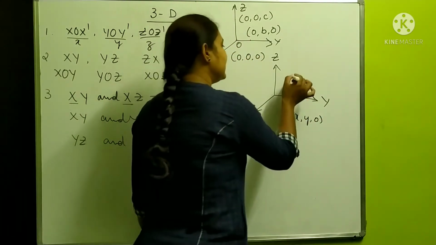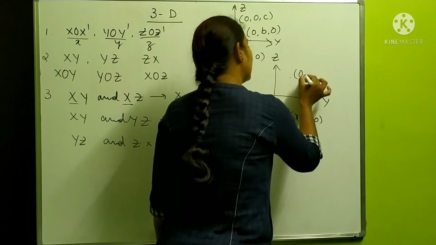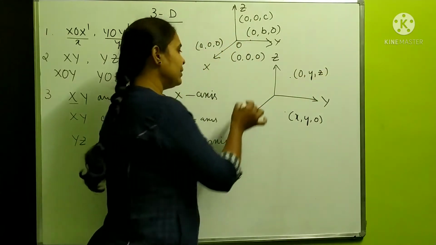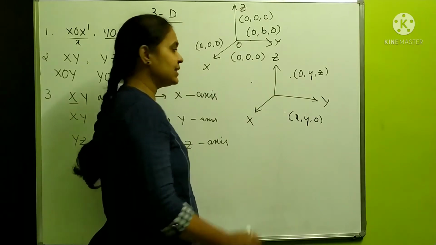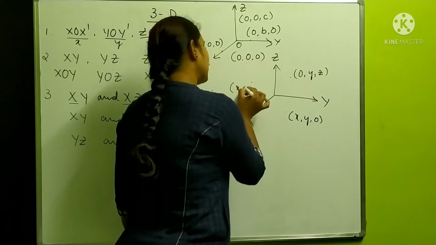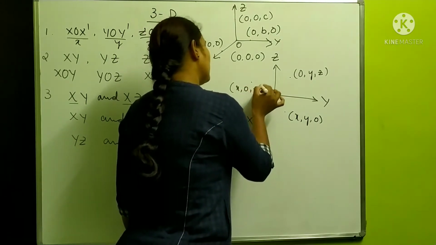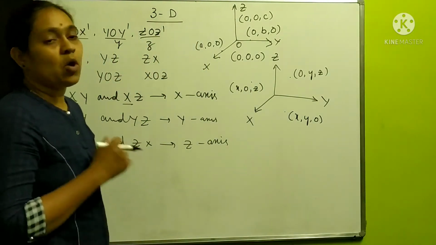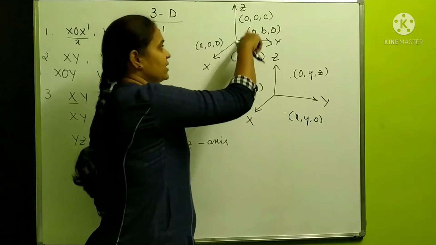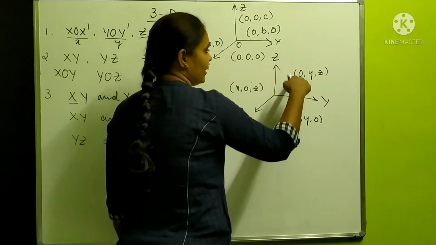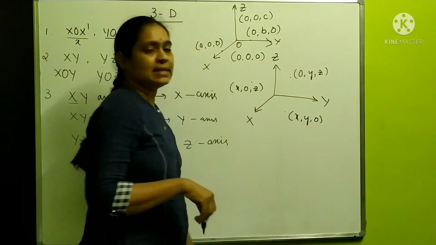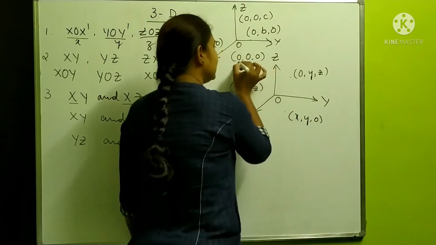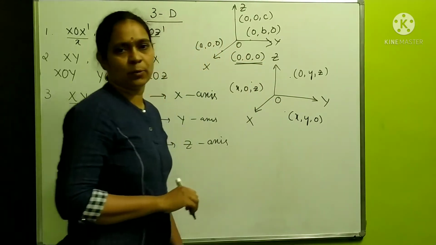If a point is in the YZ plane, then its coordinates are 0, Y, Z. Similarly, if a point is in the XZ plane, then the coordinates are X, 0, Z. Wherever you take, the origin is always 0, 0, 0.